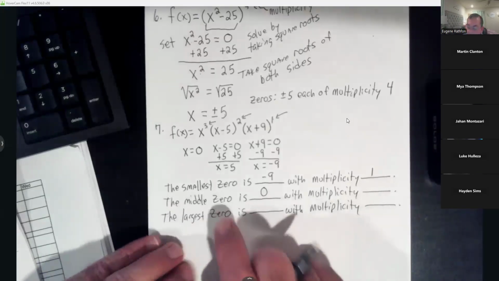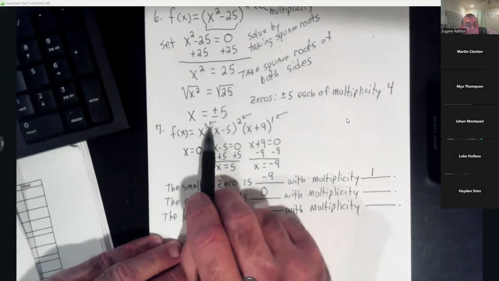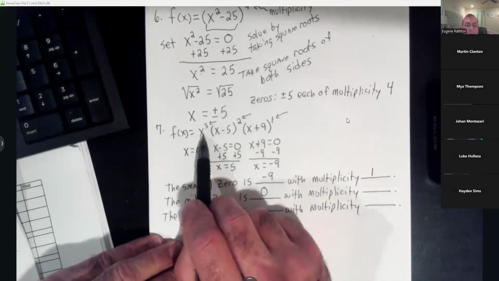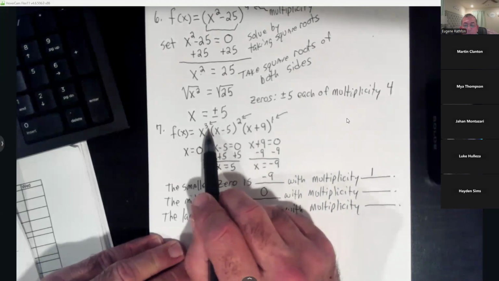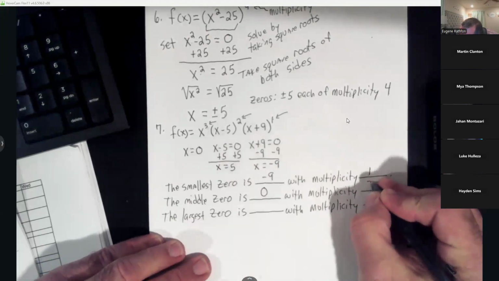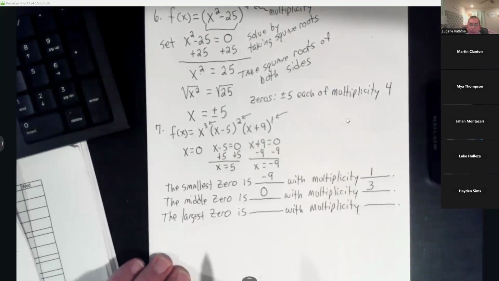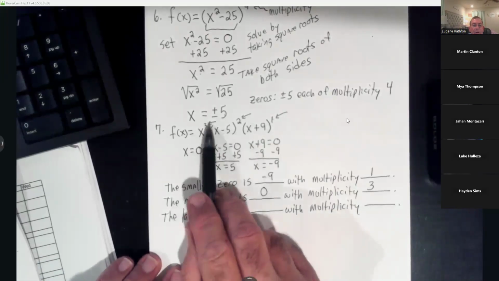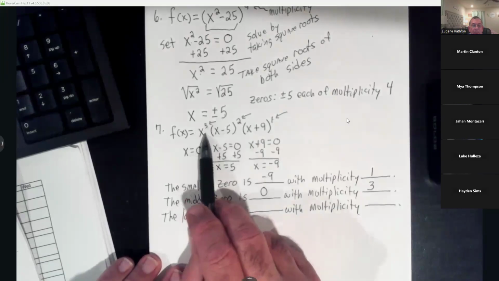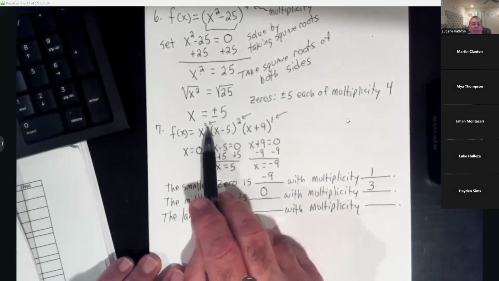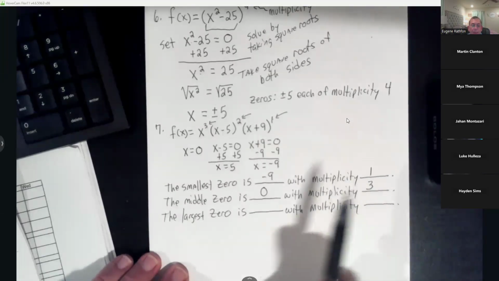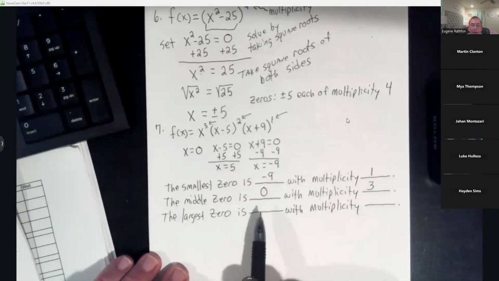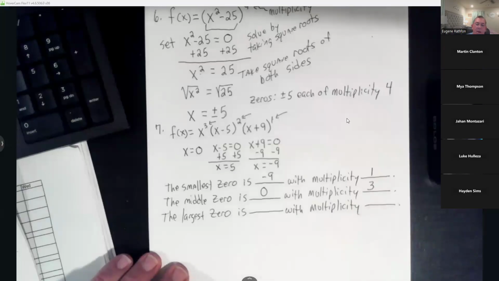It is a 3 on that one. Because remember, you're looking at the exponents of the factors that you set equal to 0. So this one had an exponent of 3. So that gives me a multiplicity of 3. So y'all, if you got single variables like this, their exponent automatically becomes their multiplicity. All right, so one left, y'all. I need my largest 0.